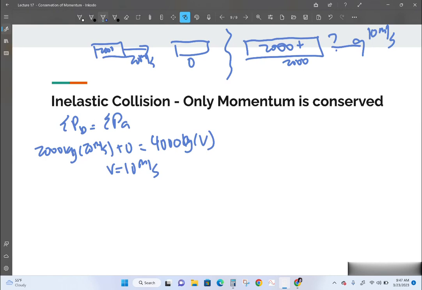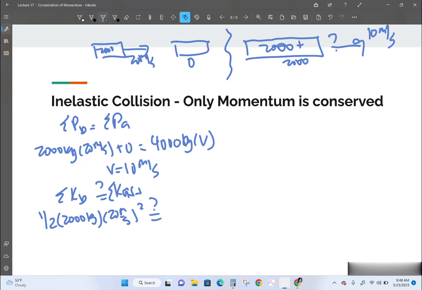But what's happening with the kinetic energy? Well, is the K before equal to the K after? Before, the only thing that had kinetic energy was the first car, 1/2 of 2,000 kilograms times 20 meters per second squared. And we want to know if that's equal to 1/2 of 4,000 kilograms times 10 meters per second squared.